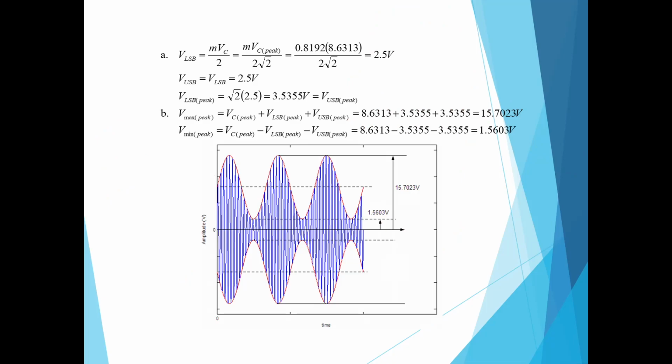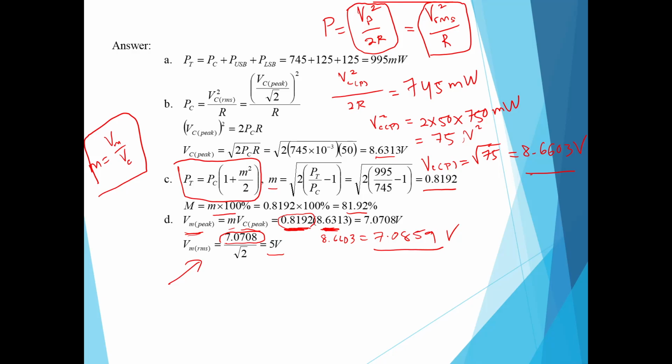Okay, so you see that VLSB is equal to Vm over 2, which is equal to MVC over 2. So you can actually take the value from here, from the peak value here, 0.0708.